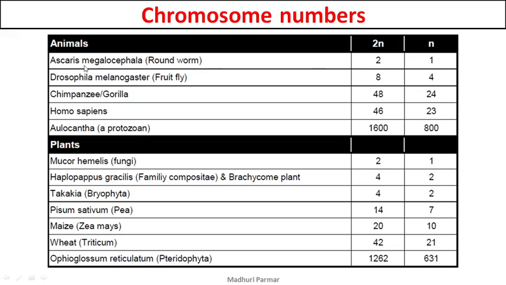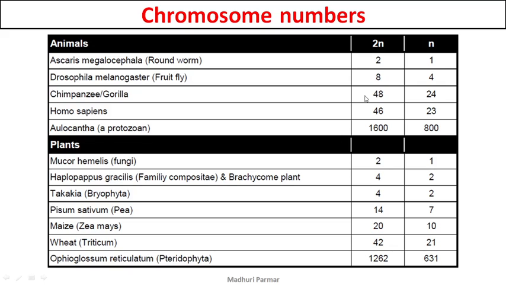So Ascaris, which is a roundworm, has two chromosomes only, and in a haploid cell it will have only one chromosome. Then Drosophila is the fruit fly. It has 8 chromosomes, and in its gametes there will be 4 chromosomes.